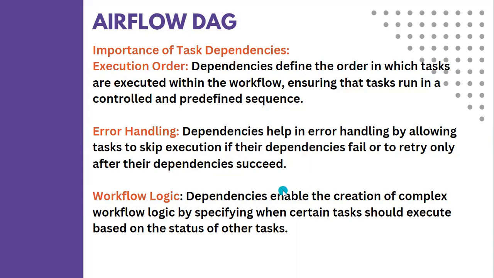That is the basic DAG we prepared in this demo. Using it, you can prepare complex workflows by specifying when certain tasks should be executed, after which task, and which task depends on which. All of this is mentioned in the task dependencies section only. Very important, guys. With this, the demo is finished.